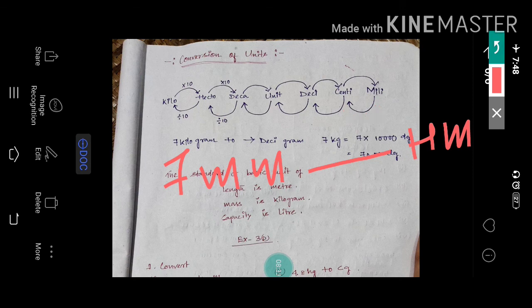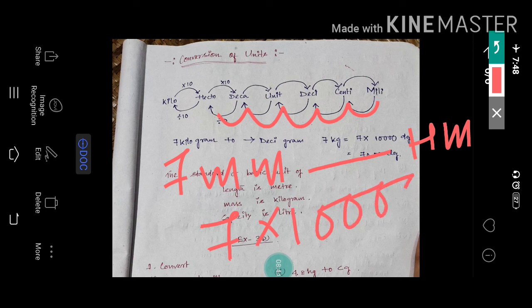How many jumps are there? 1, 2, 3, 4, 5. Five jumps are there. That means 7 into how many zeros? Five zeros.